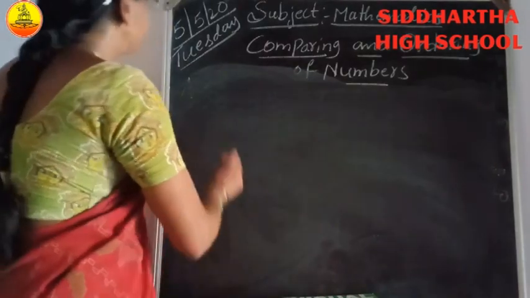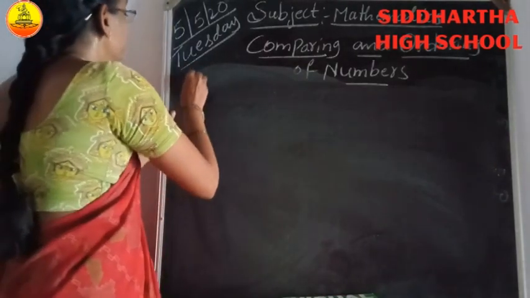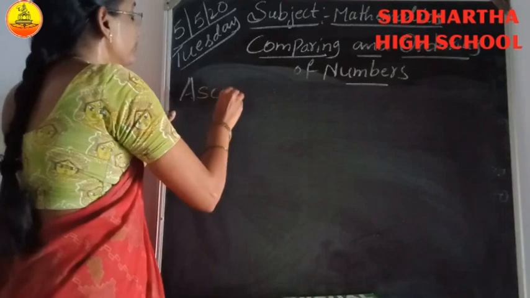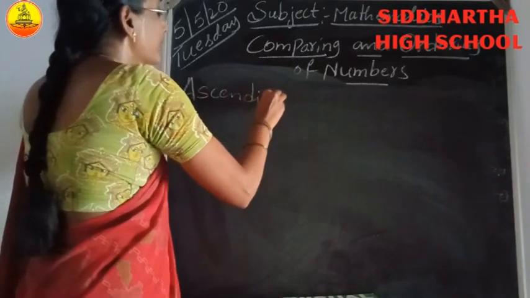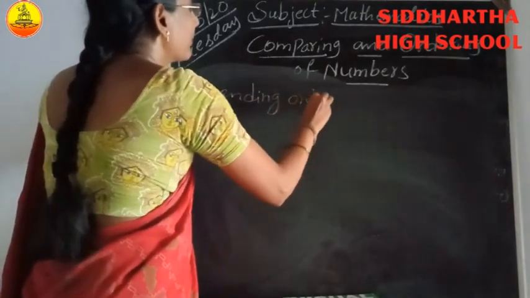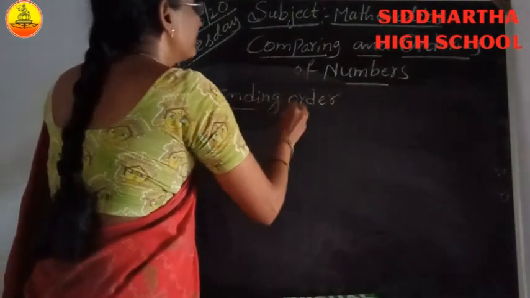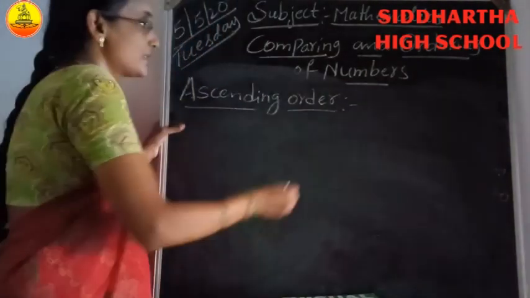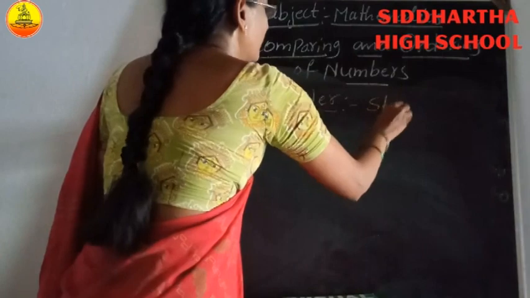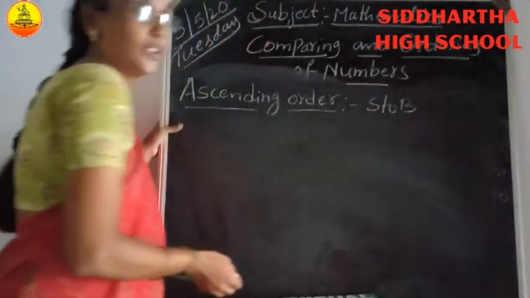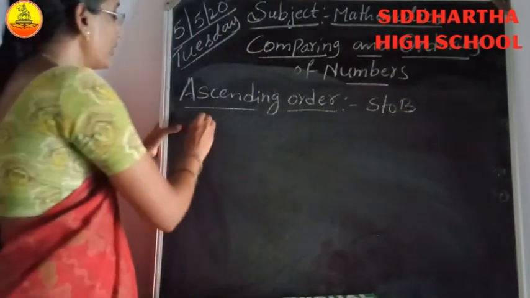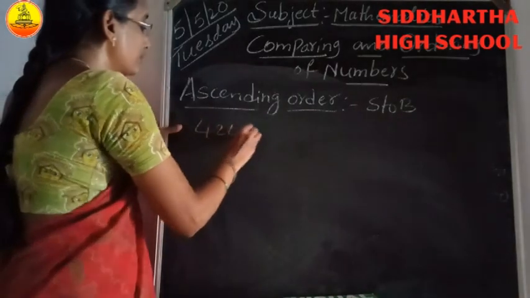Now you can see here: ascending order, small to big. Now some numbers are given.